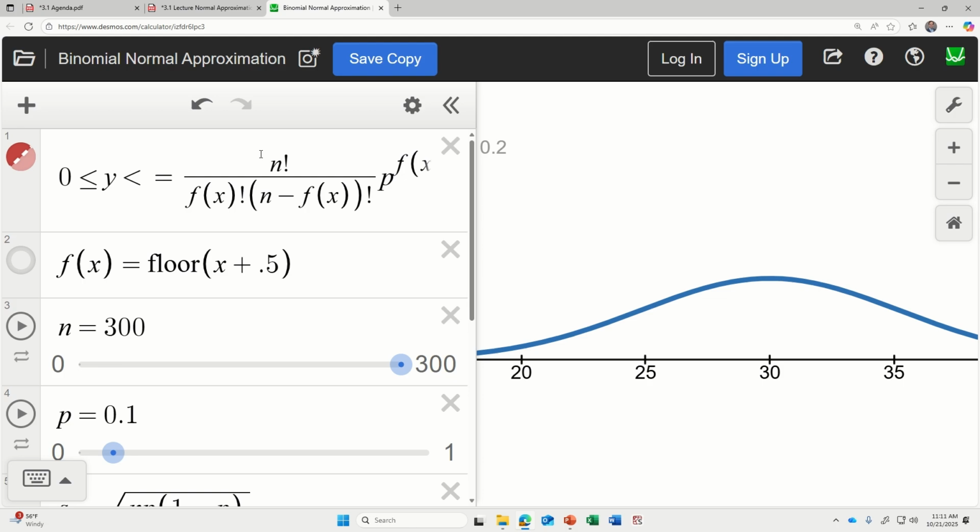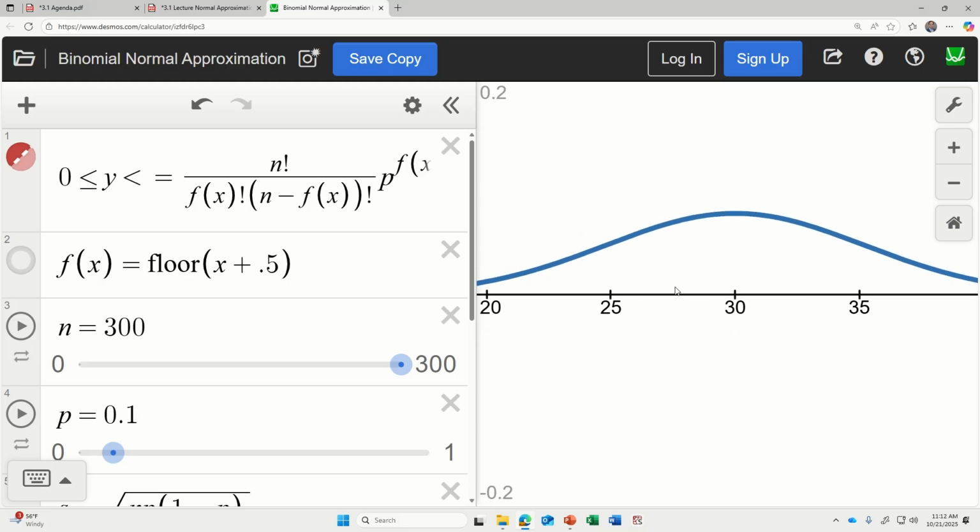It gives an overflow error if you've ever done that in your calculator. So Desmos won't render the red binomial distribution, but if it did, it would look a lot like this normal distribution. And this is actually exactly why we're interested in this. If you're wondering from a practical scenario, why would anybody care to approximate a binomial distribution with a normal distribution?